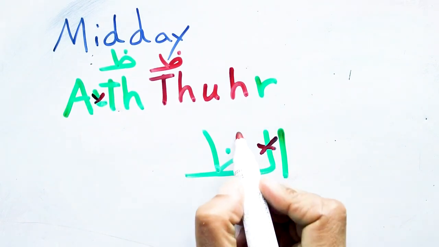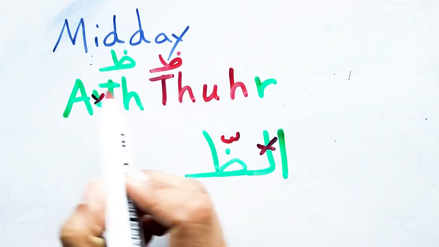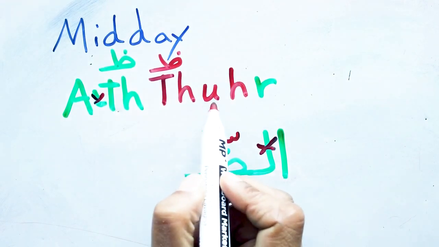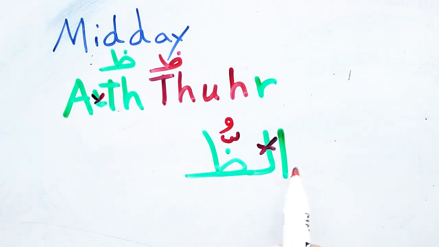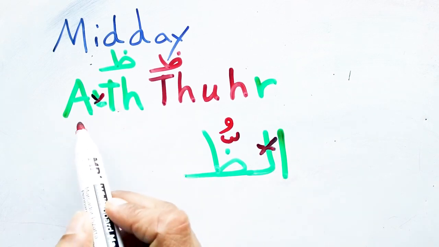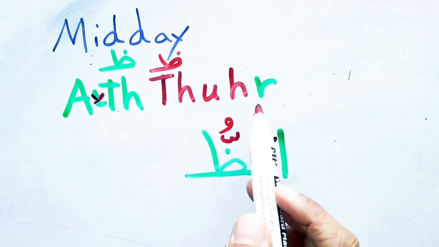So let's add shadda, and I say al-dhu. The sound of u or o is dhamma. So al-dhu, this part here is until here. And then I say al-dhuh.